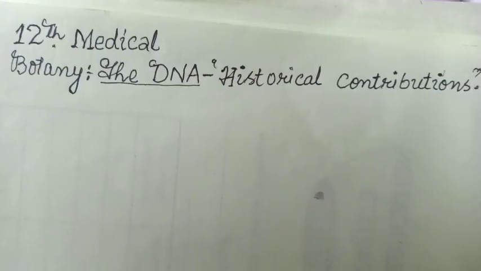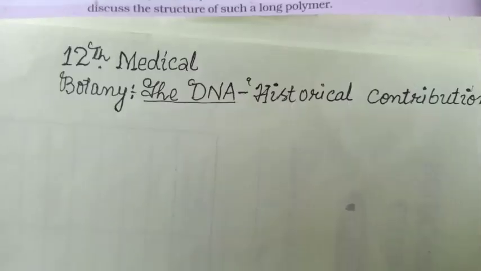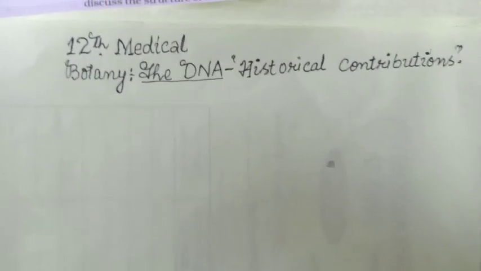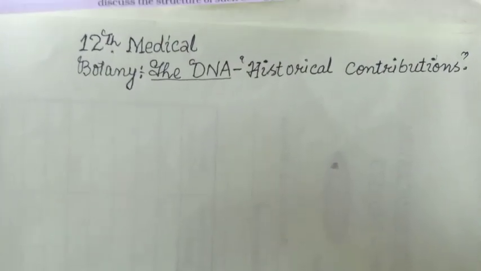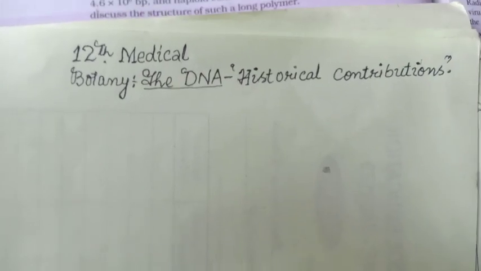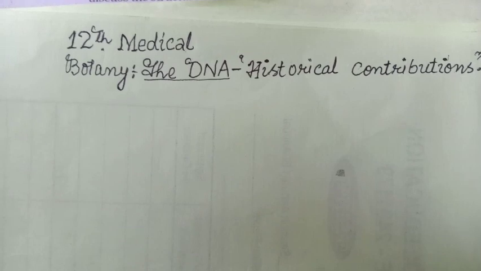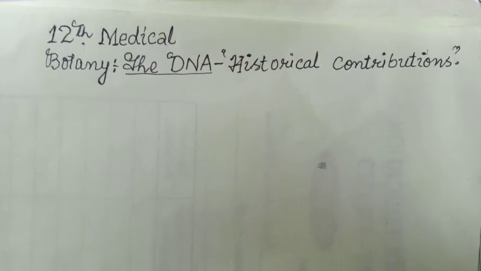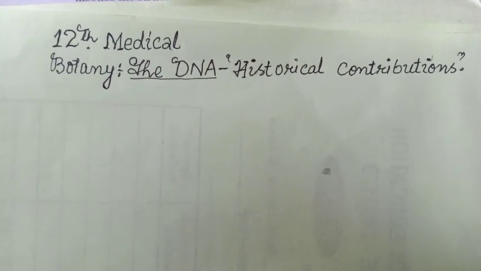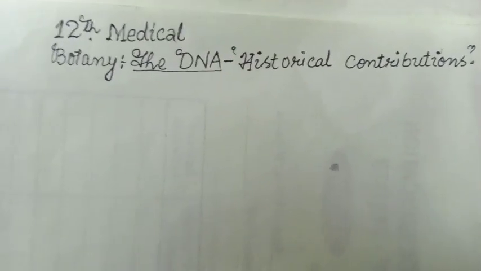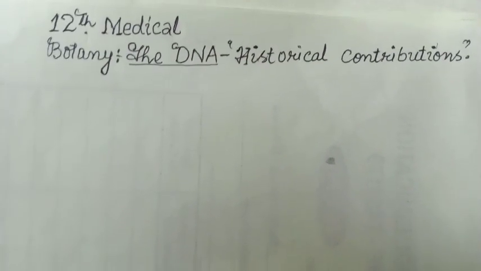What were the historical contributions of the different scientists or geneticists by whose approach it became clear how the DNA should look, and ultimately its structure was unveiled by the two scientists, which we are going to have a look at.